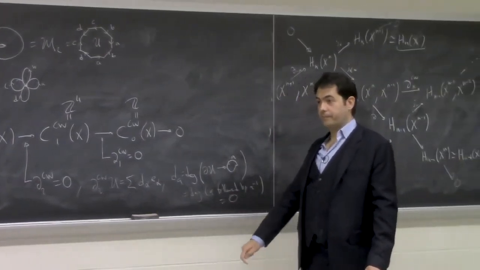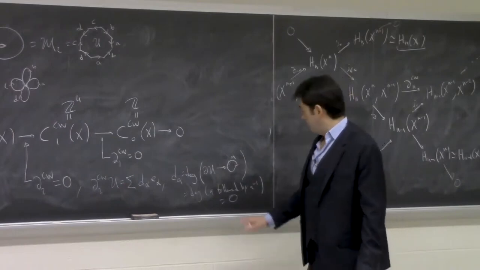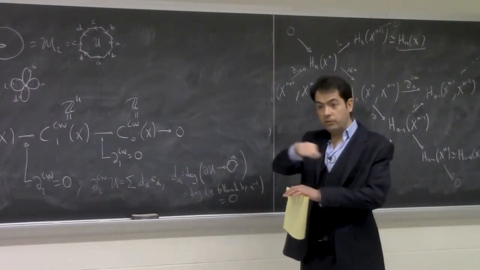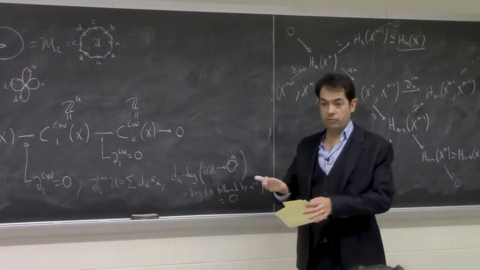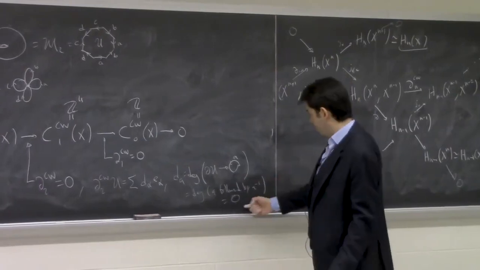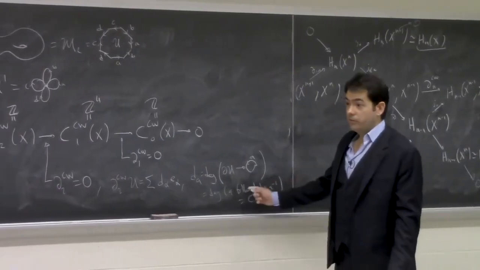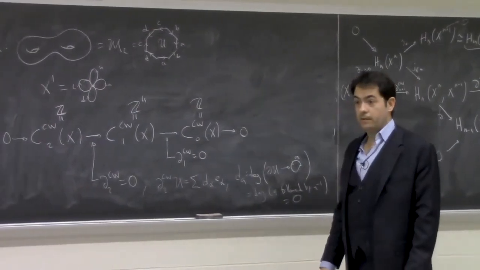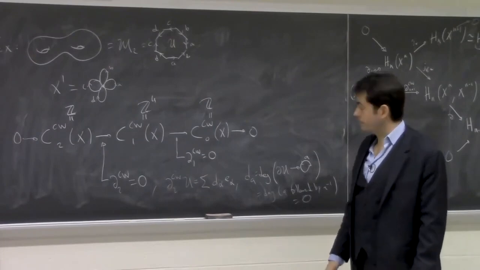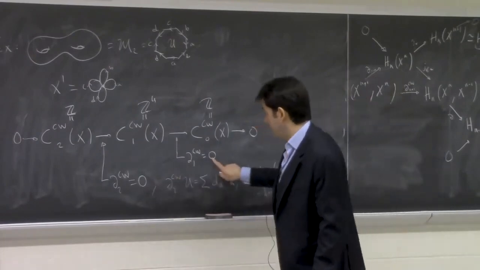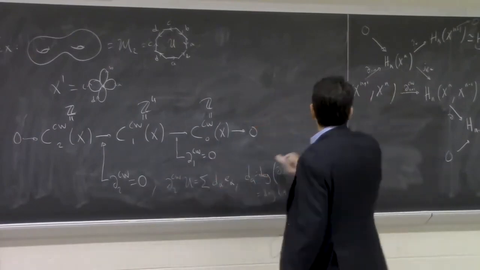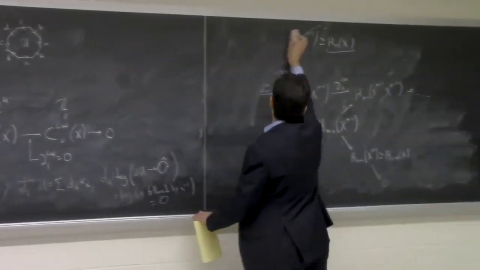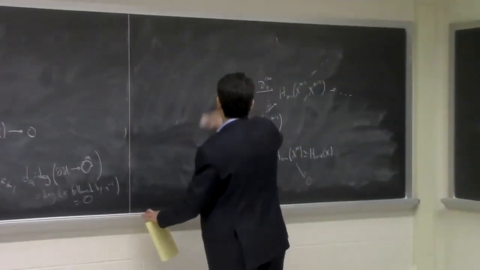Right, because you cover every point twice, but going in opposite directions, right? So the degree is just 0. And it's the same for any one of those 1-cells. So both boundary maps are identically 0. So that's ideal for computing cohomology, homology.